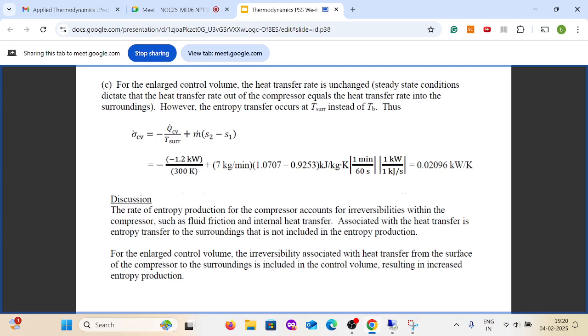It is already seen that having a temperature difference causes entropy production, so that is what is driving entropy generation here. This is just for the system, and the total entropy production we have to calculate for the surrounding as well.